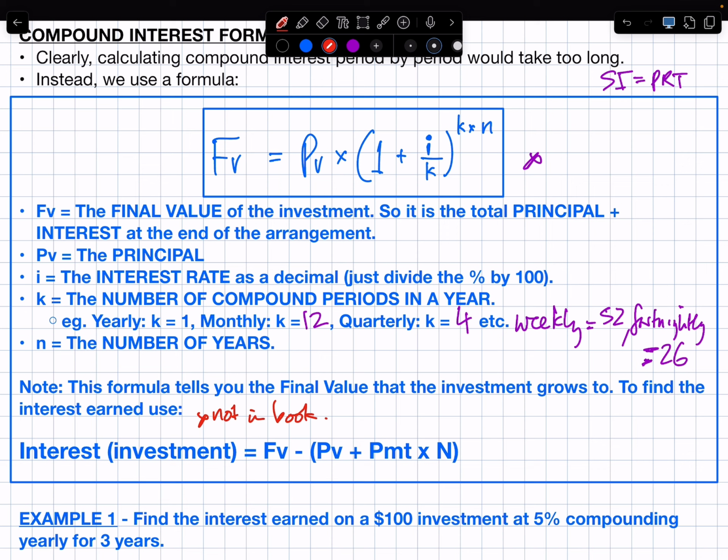If you want to find the interest earned, this is the formula you need. Interest for an investment is equal to FV minus PV plus PMT times n. That is not in your textbook. So a couple of minutes to get down to there, and then I'll do some examples.